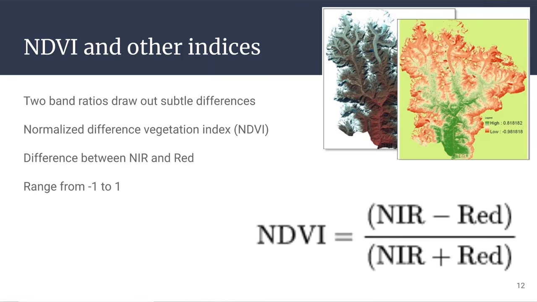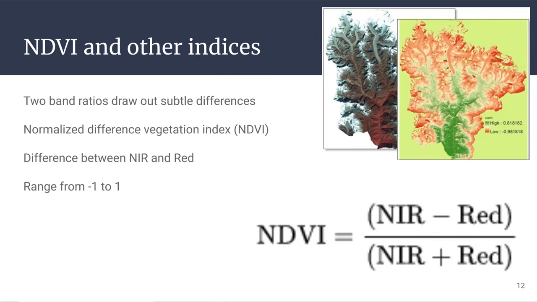NDVI, or the Normalized Difference Vegetation Index, is probably the most commonly used index. It's a little more complicated than a simple 2-band ratio, but it works in a similar way. We're modifying the value in a cell based on the relationship between 2 different bands instead of just looking at one band on its own. NDVI really accentuates areas of highly photosynthetic vegetation, that really green, really bright in the near infrared vegetation, from other areas.